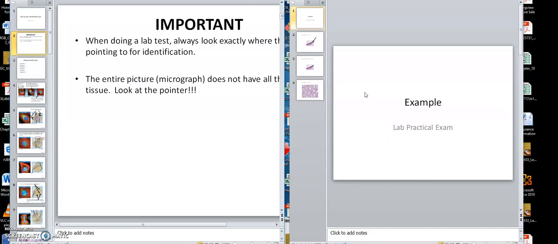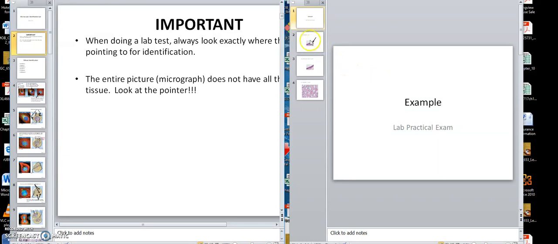So that's what they call a practical exam. Okay, it's best to do it, obviously, with the real deal in a lab. You can do it online, not the best, at least for me, not the preferable, but it can be done that way.